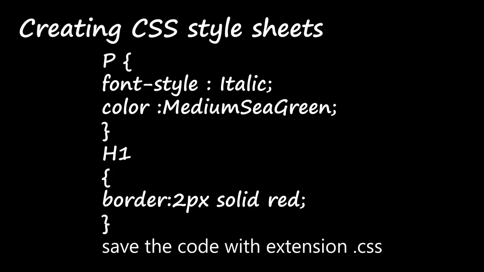After that, you close the curly bracket. Another style they have added is H1, opening the curly bracket: border, colon, 2 pixel solid red. That is, they are giving the border width and the color. After giving this, you have to save it with the extension .css.